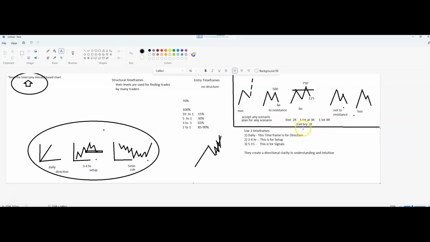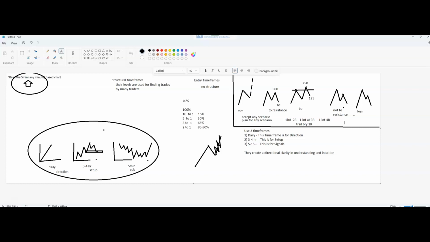This approach has a trade-off. There's always a trade-off, right? The trade-off is you're not getting the mega R moves, but you will have a higher frequency of wins. And the higher frequency of wins is much easier on the psychology.